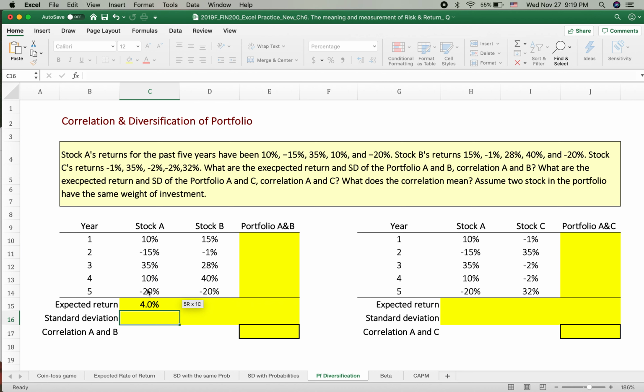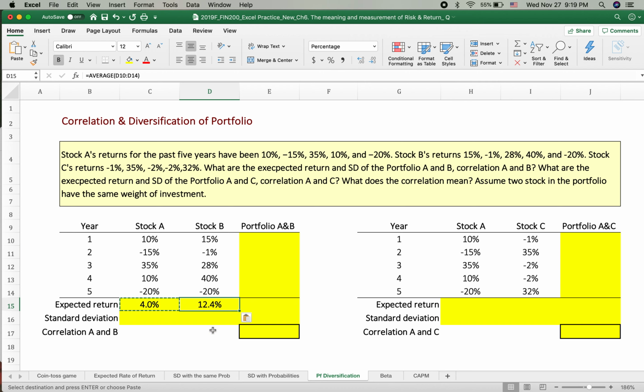We got 4% as the expected rate of return from the past 5 years of information for stock A. For stock B, I use the same function, and 12.4% is the expected rate of return. So the portfolio of A and B expected rate of return would be in the middle, around 8%, right?